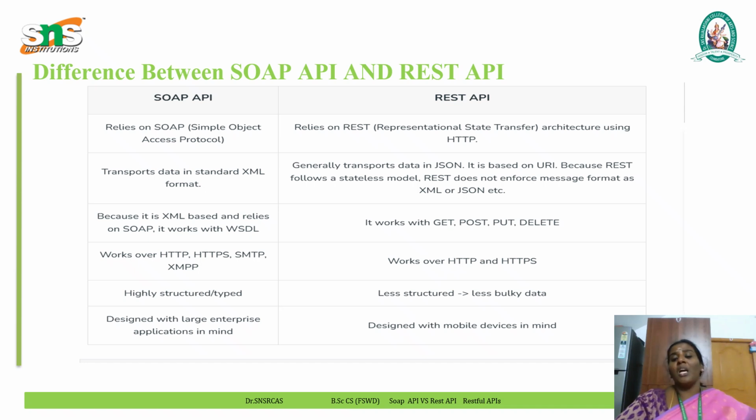REST is also designed with mobile devices in mind. SOAP is designed for large enterprises, where it has built-in WS-Security. It is best for enterprise-level legacy systems needing high security and transactions with guaranteed delivery. For example, we can say the banking sector.